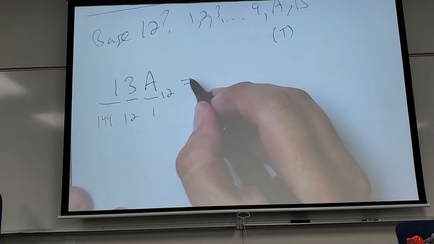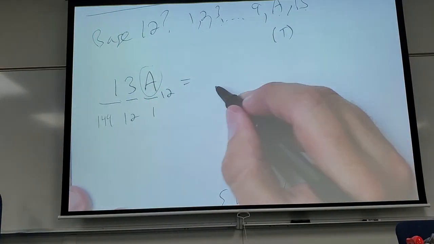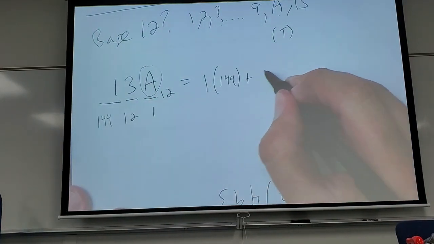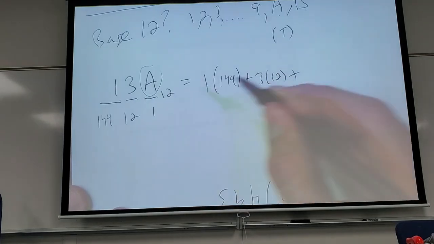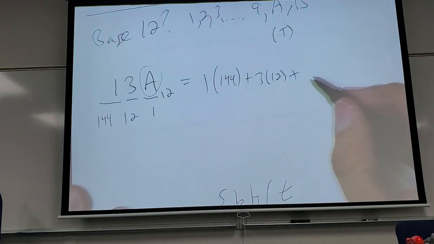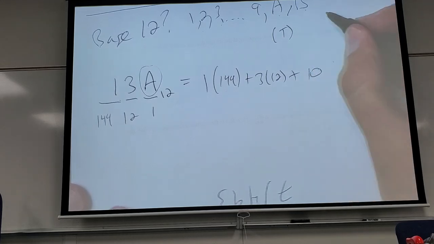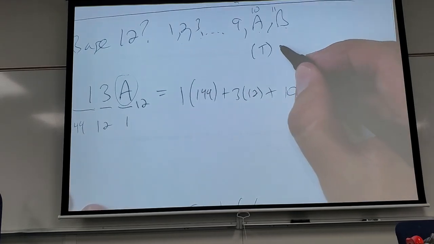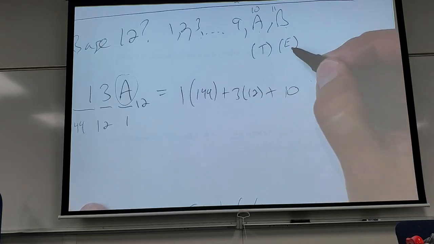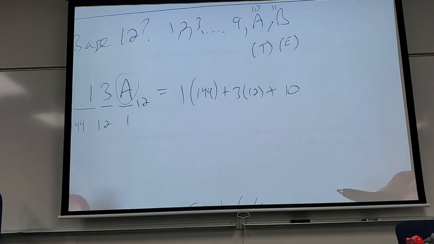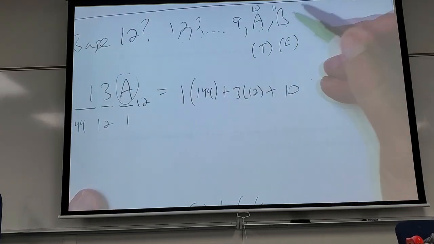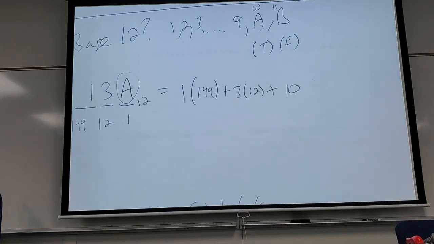So then you just piece it together as always, but now when you see A, it'll be 1 144, plus 3 12s, plus how many ones? 10. Now in the book, you're going to see, I think, and Ryan, you said you looked ahead, they use T and E for 10 and 11. The reason I wish they used A and B is because for base 16, we use A, B, C, D, E.